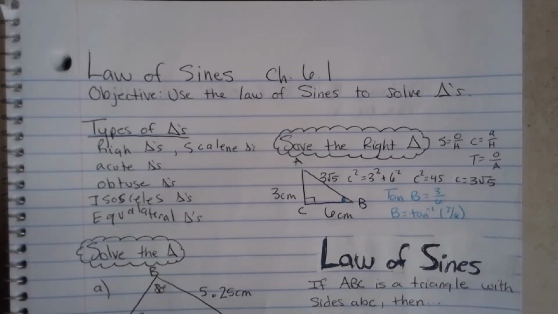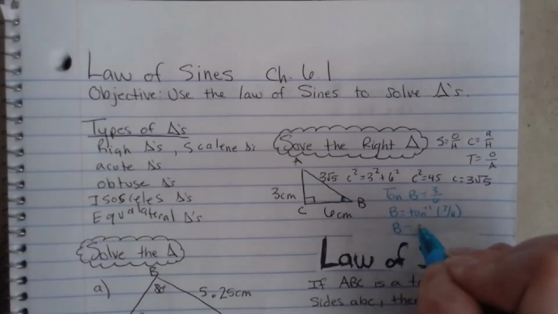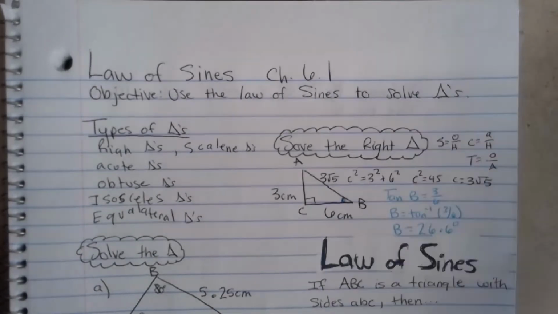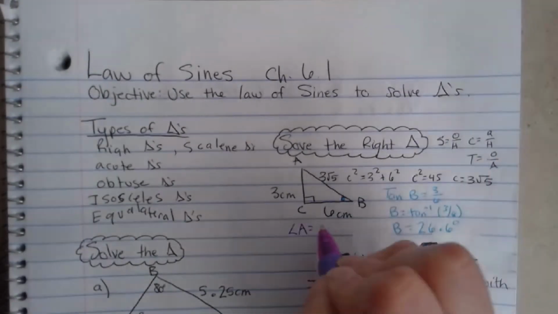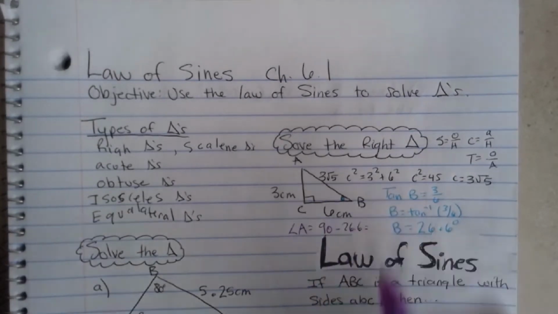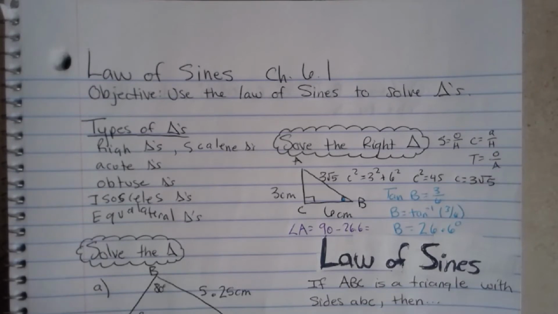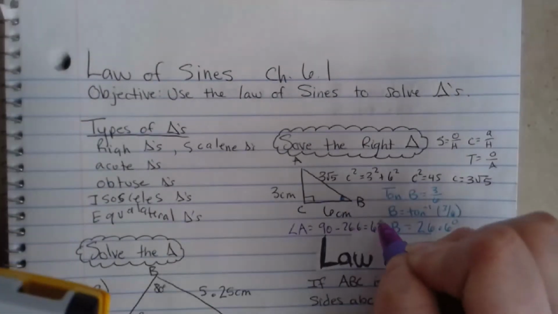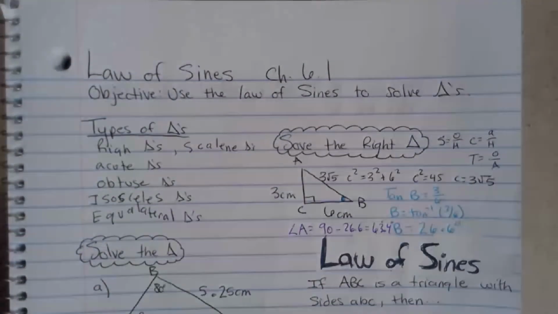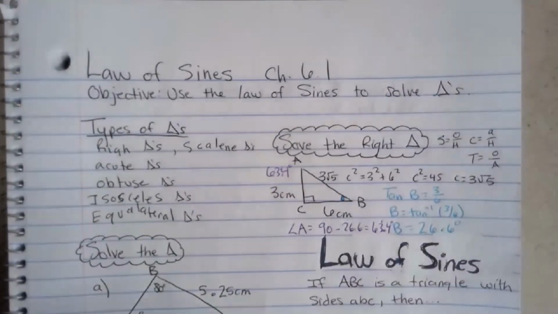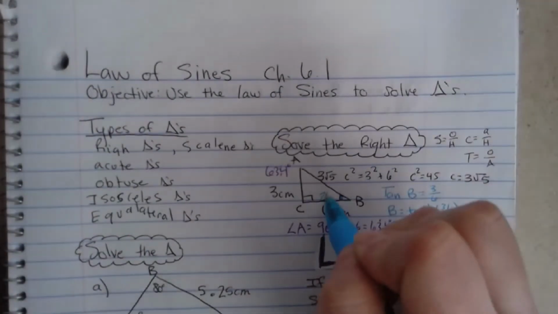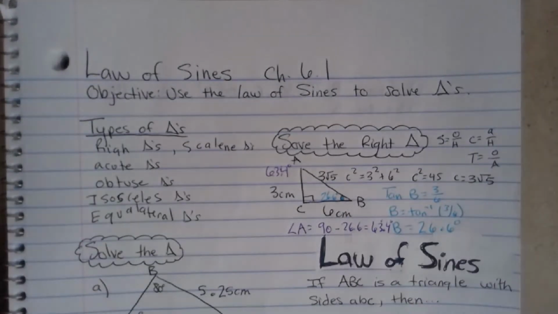That gives B is about 26.6 degrees. Then angle A equals 90 minus 26.6, which is 63.4 degrees. So A is 63.4 degrees and B is 26.6 degrees, and we've technically solved the triangle.